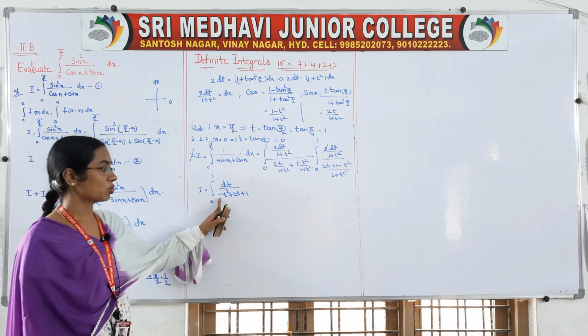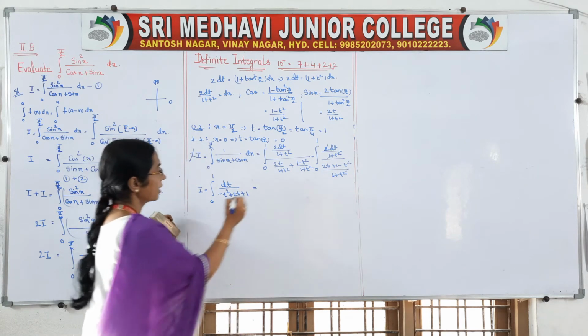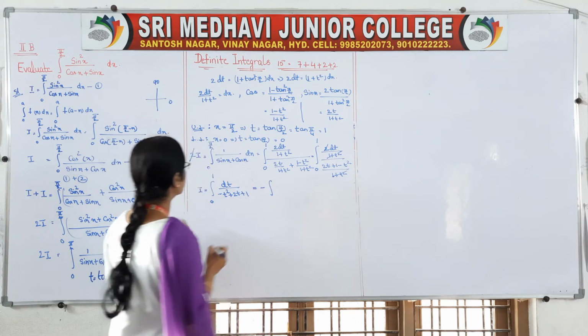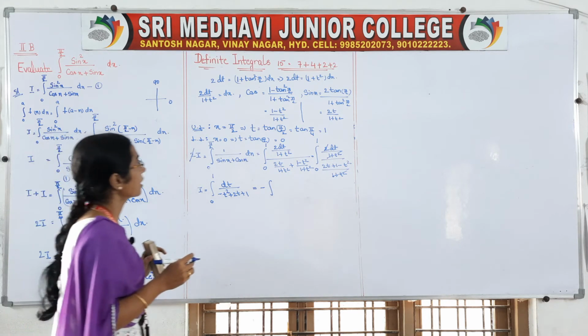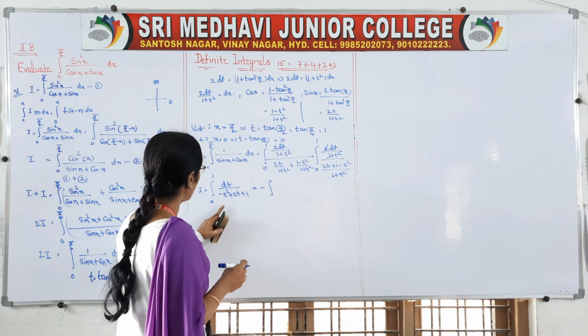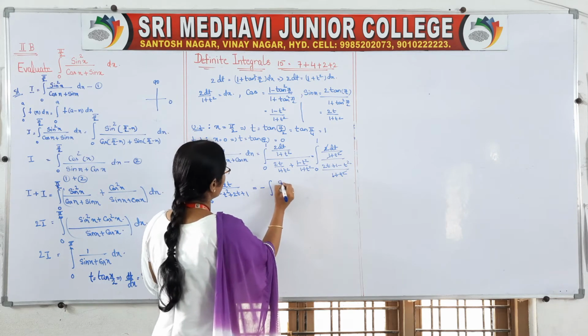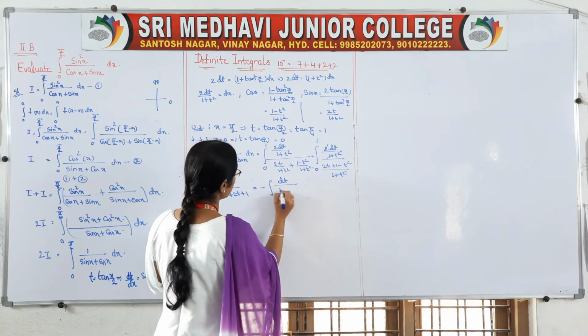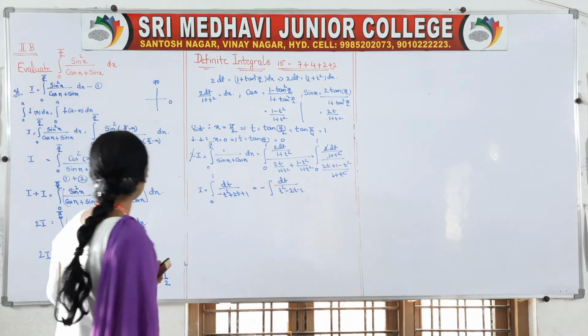So the first term should not be negative, right? So we can take that negative term outside. If we take that negative term outside, what happens to our value? It is dt by (t² minus 2t minus 1).